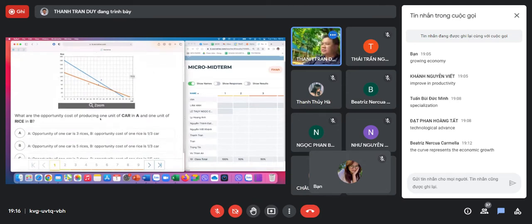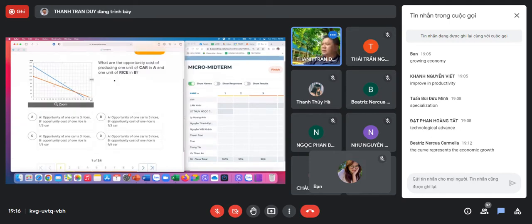What are the opportunity costs? Find the opportunity cost to produce car and rice in B. How can we answer these questions?